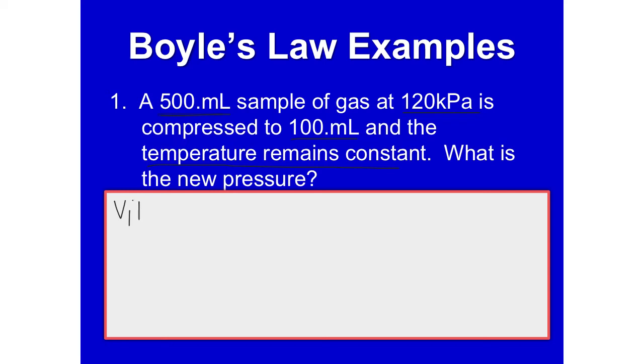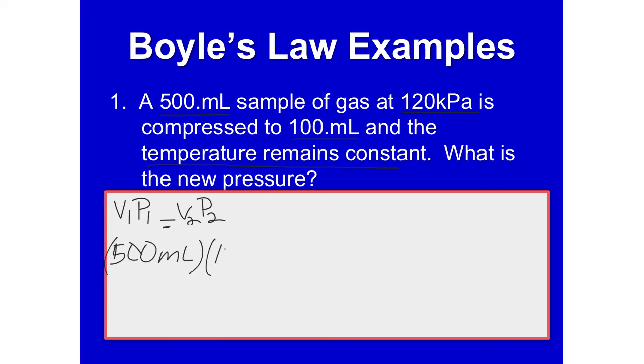So again, if we start with our regular formula, combined gas law, if we recognize that the temperature is constant, then we know that we can just leave the temperature right out. So that simplifies our equation, and now we only have 4 variables to work with instead of the normal 6 variables.